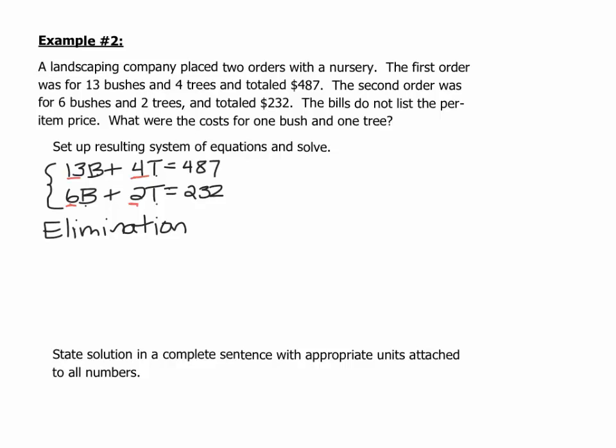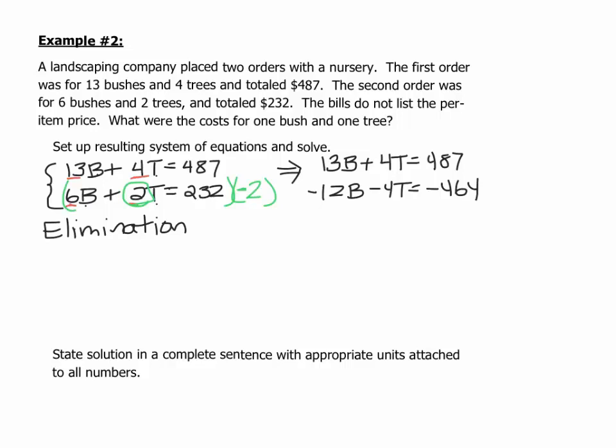One thing we can do is take one of our equations and multiply by a number. In this system of equations, it's going to be easiest to make the coefficients of the t be opposite in sign. For instance, we could take this second equation and make the coefficient be a -4 here by multiplying by -2.